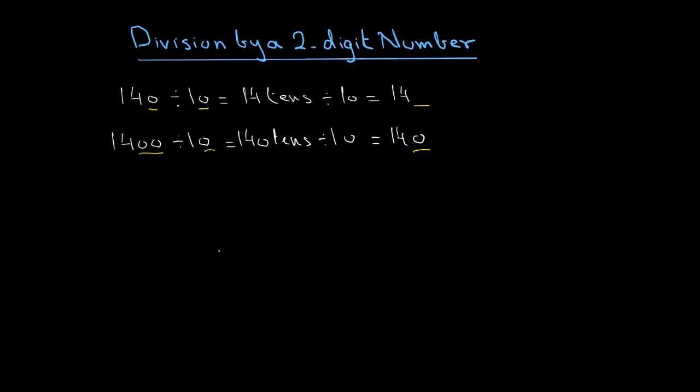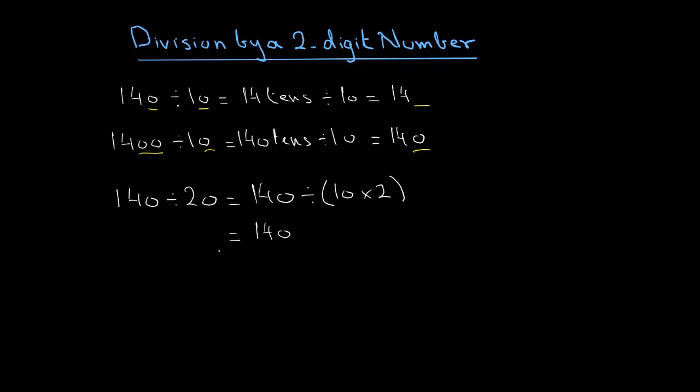Another fact that will come in handy, for example, if you're dividing 140 by 20. So let's divide 140 by 20. This is just 140 divided by 2 multiplied by 10, and I could write it as 10 multiplied by 2, which might be easier.